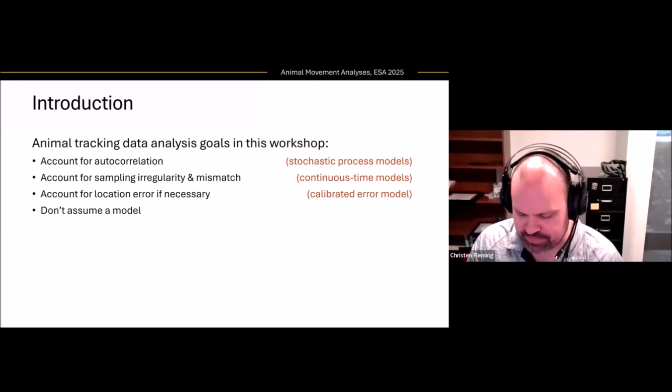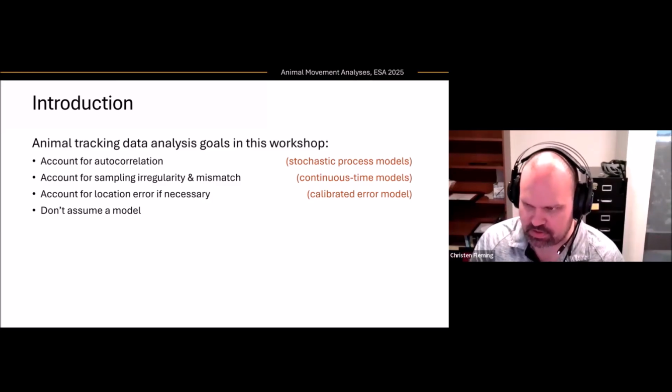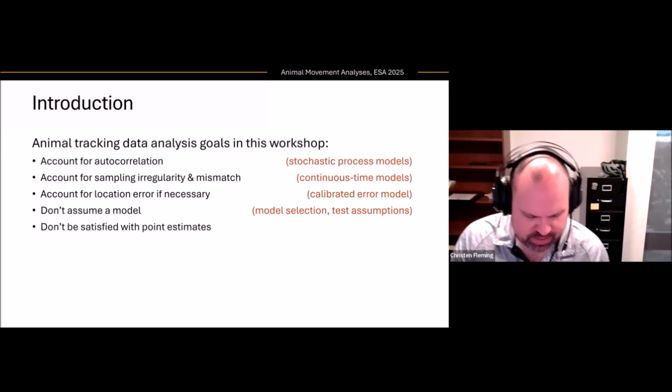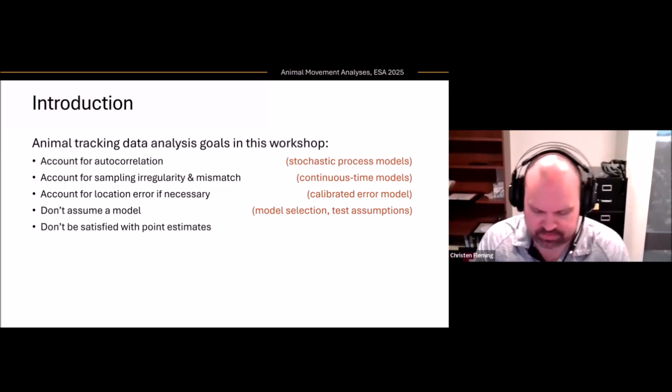So there's a fair number of methods available for animal tracking data, and pretty much all of them are based on one specific movement model that the developer of the method put together, and it probably worked really well for their data set. So we're actually going to do model selection and test some of the assumptions and see how well the models are doing.